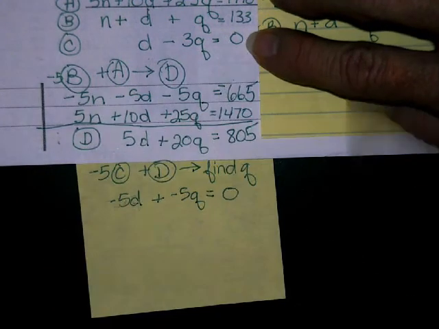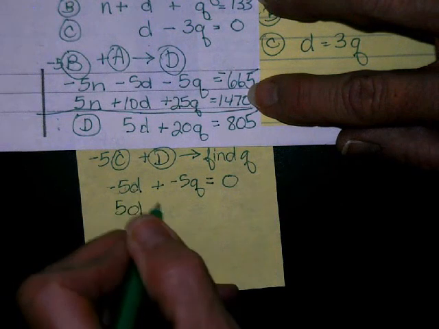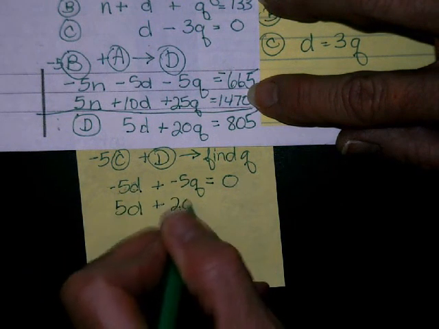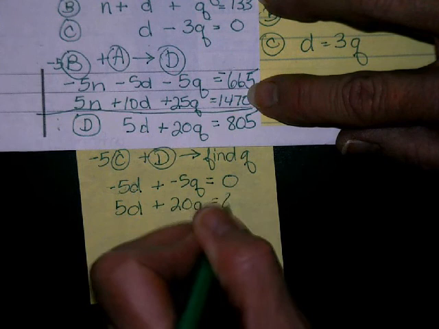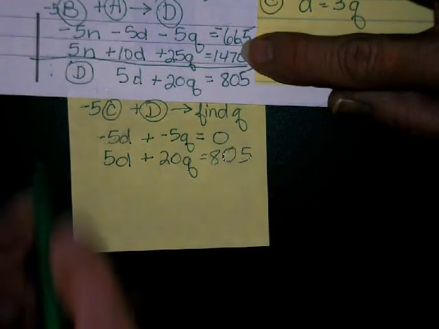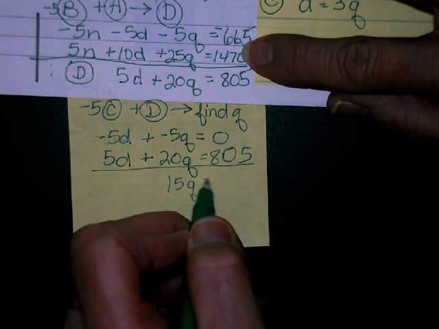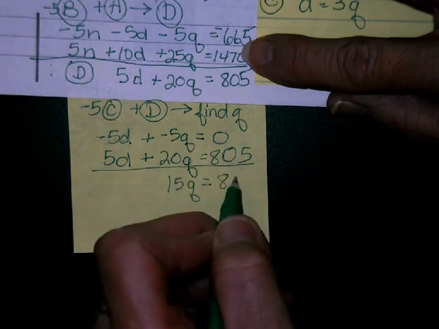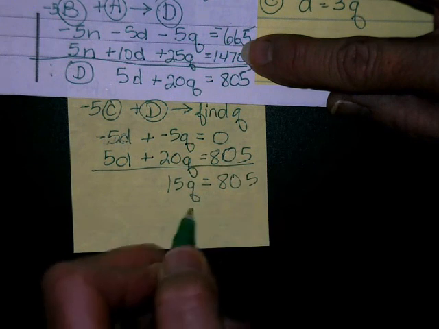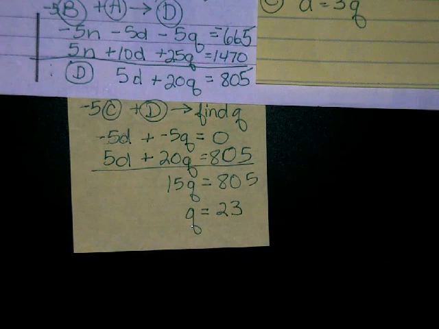I'm taking this times the -5. Now I'm going to add it to D, which was 5d plus 20q equals 805. And then I get 15q is 805. So q is 23.